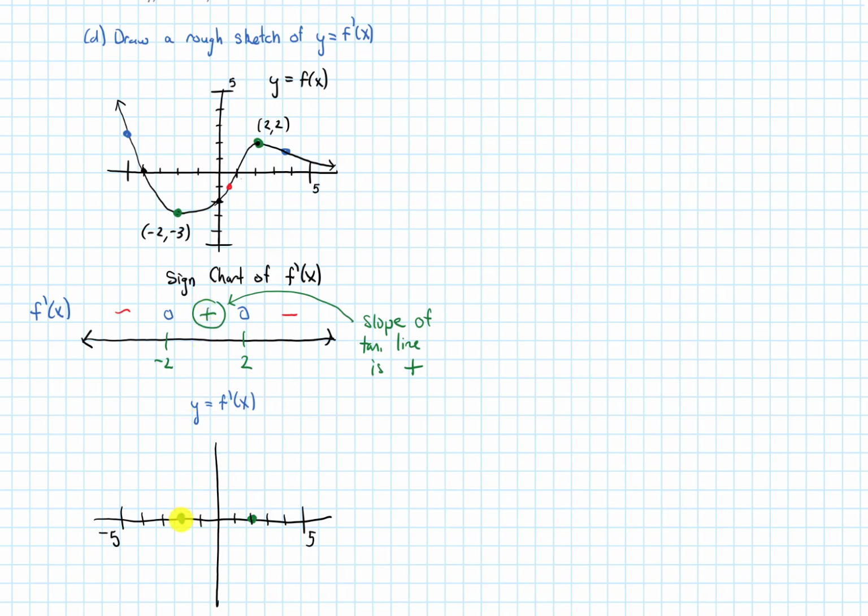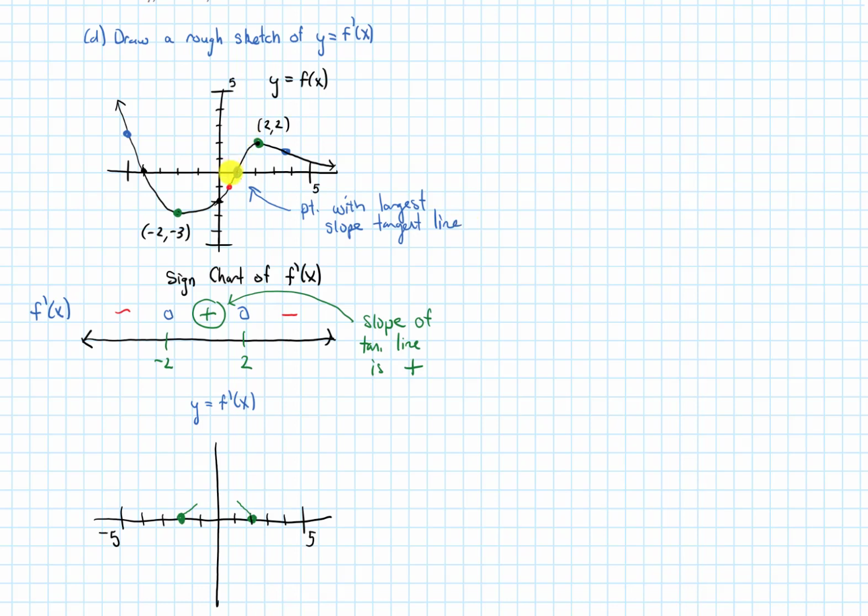So I'm going to start to draw it being positive here and being positive here. These y values of my derivative graph are positive. It'll be helpful if I can figure out on the original function graph where the slope seems to be biggest. I would say that seems to happen maybe here-ish. This seems to be the point with the largest slope tangent line.